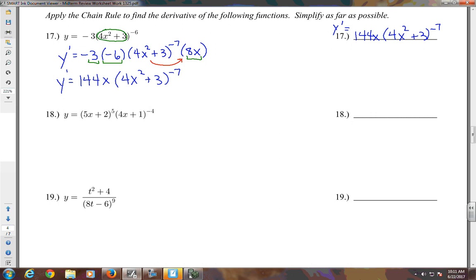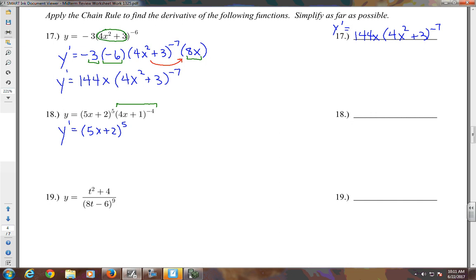So applying the product rule, remembering the pattern, same times derivative plus derivative times same, we're going to begin with keeping that first factor, 5x plus 2 to the fifth, the same. So we have the first factor kept the same times the derivative of our second factor. Now the second factor is going to require the chain rule in order to differentiate it.